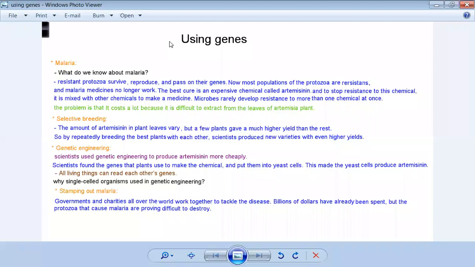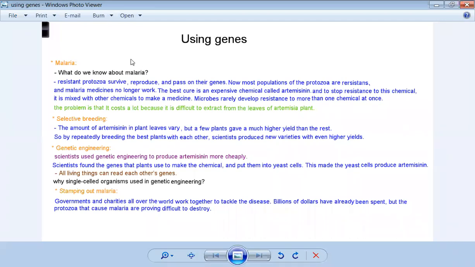So the protozoa can be resistant to one chemical, but not a mixture of chemicals. That's why sometimes they need to mix more than one chemical in one substance to make it difficult for the microbes to develop a resistance against them.